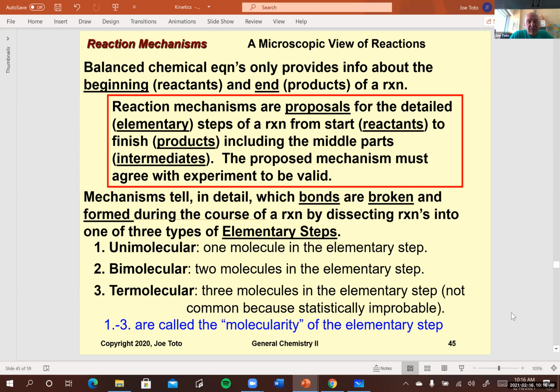You don't have to come up with mechanisms, because mechanisms are based off of a lot of experimental and scientific experience. Mechanisms in organic chemistry, for example, can have many steps, pages and pages, hundreds of steps for one reaction.